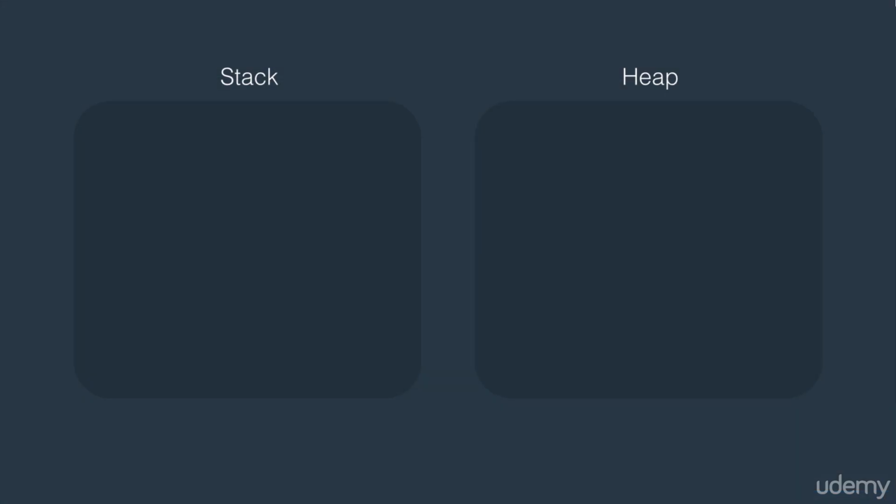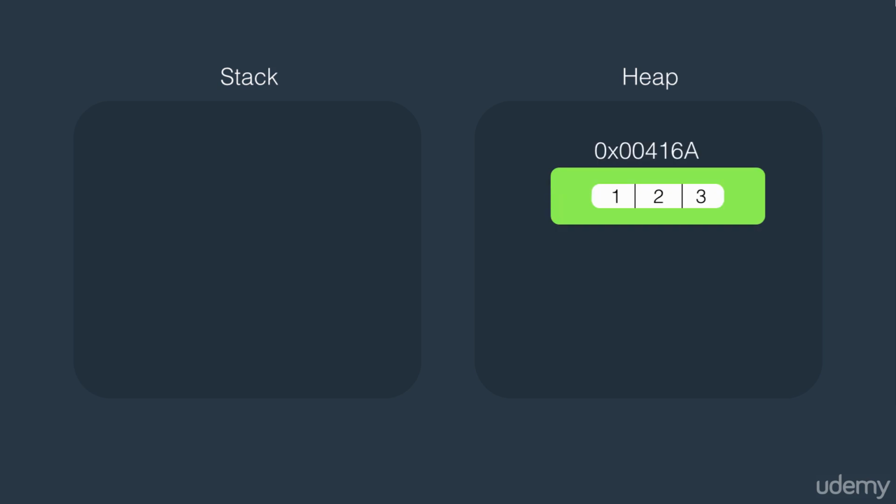Let's go back to the memory visualization again and see what happens when we run this code. So here we've got stack and heap. When we create and initialize array1, this is what's going to happen. First, an object is going to be created on the heap. This object is in a memory location with the address you see here. And inside this memory location, we have the actual array with 3 elements, 1, 2, 3.